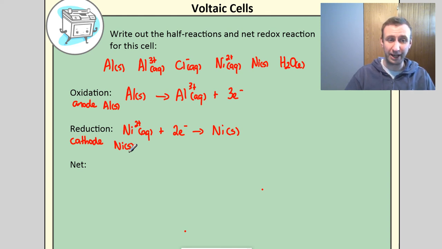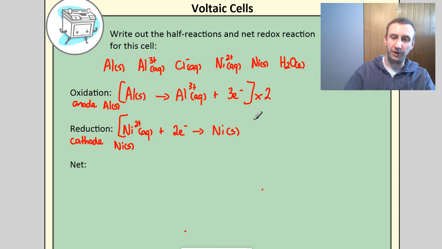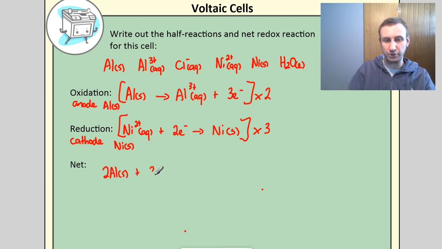It's the SRA. So the net reaction, because I have 2 and 3, I've got to do some multiplying here. So I'm going to multiply this by 2. I'm going to multiply this by 3. So I end up getting 2 Al solid plus 3 Ni2 positive aqueous makes 2 Al3 positive aqueous and 3 Ni solid.